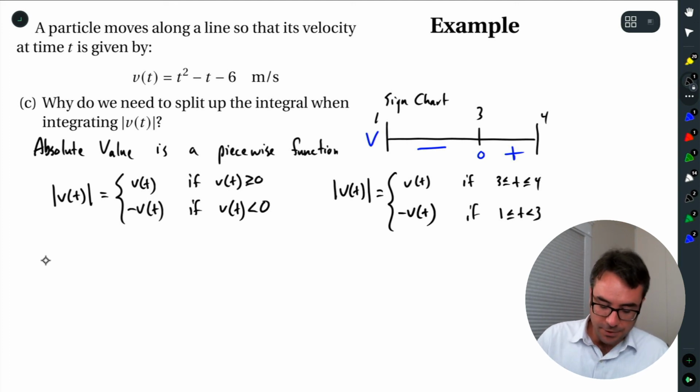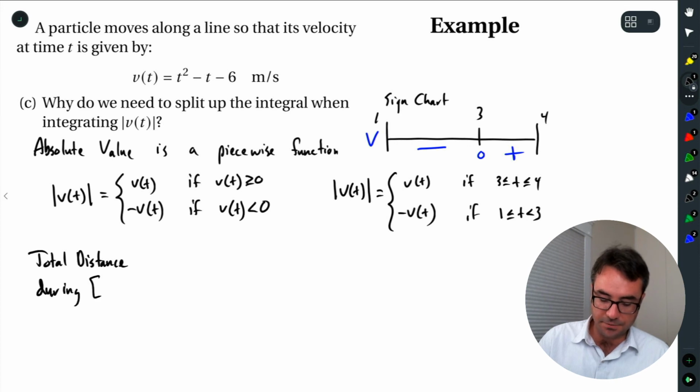So when we were going to do our total distance calculation during this interval from 1 to 4, that's just the integral from 1 to 4 of the absolute value of velocity.